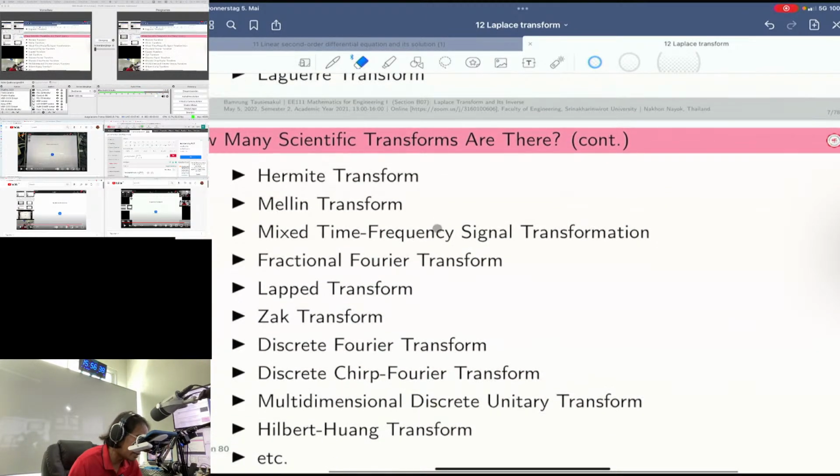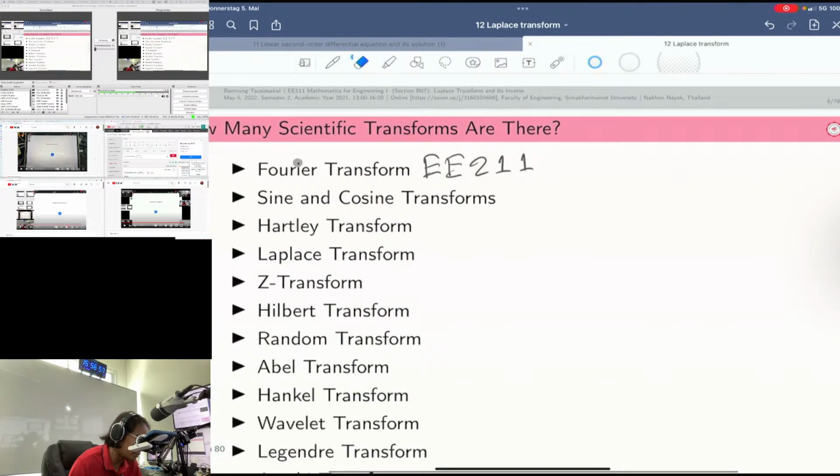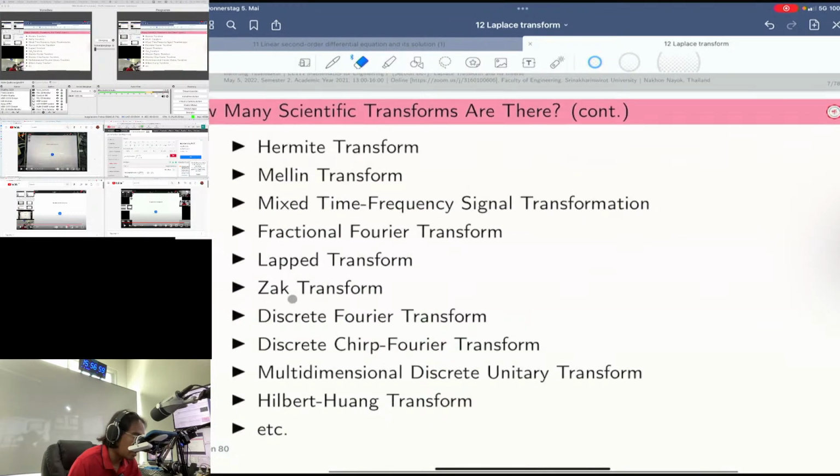Not only that, there is also the Hermite transform, the Mellin transform, and mixed time-frequency signal transformation. There is also the fractional Fourier transform, which is derived from the Fourier transform.